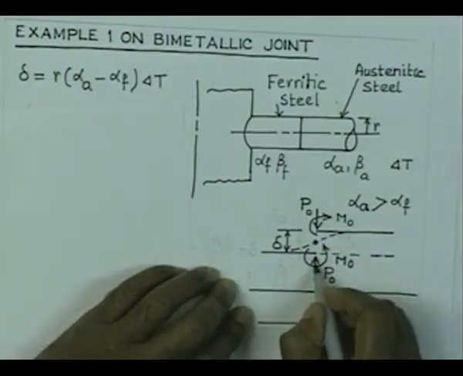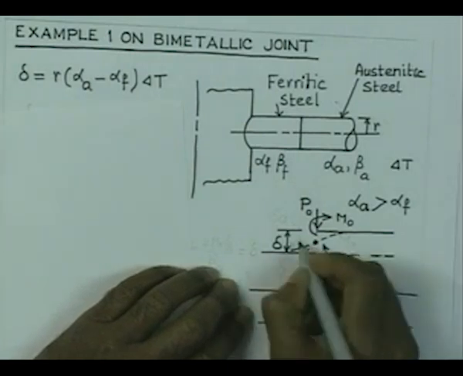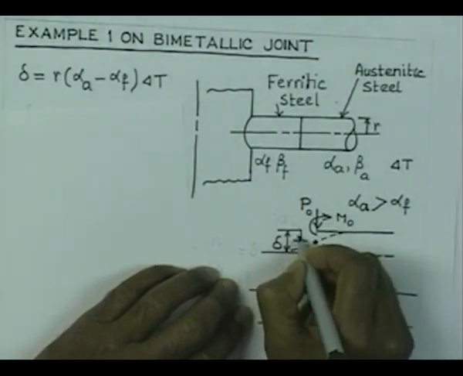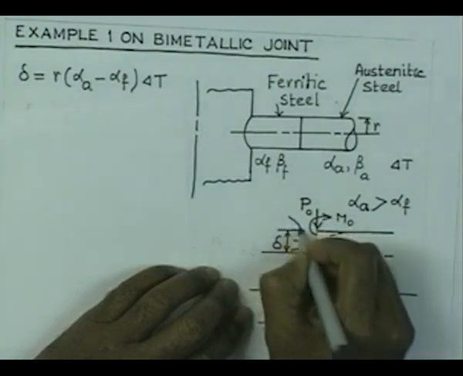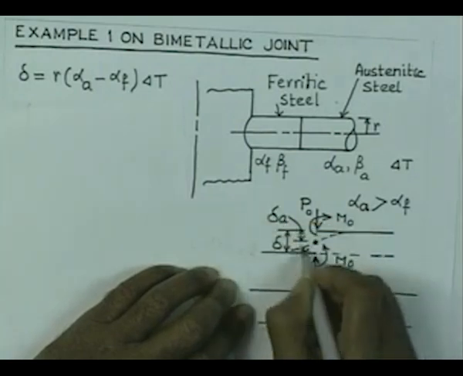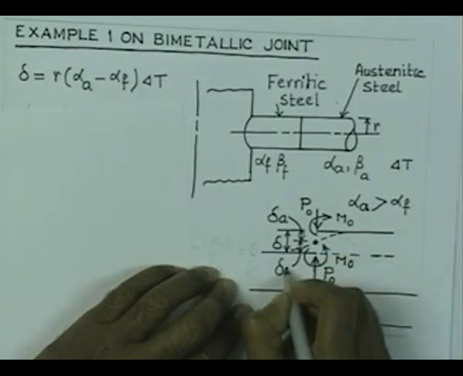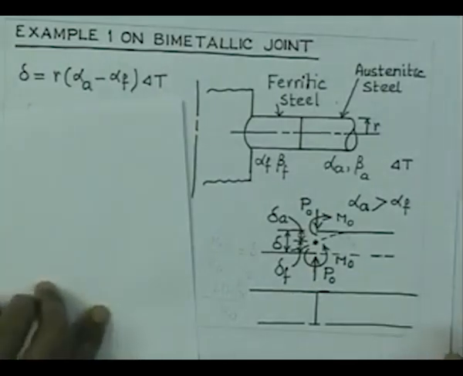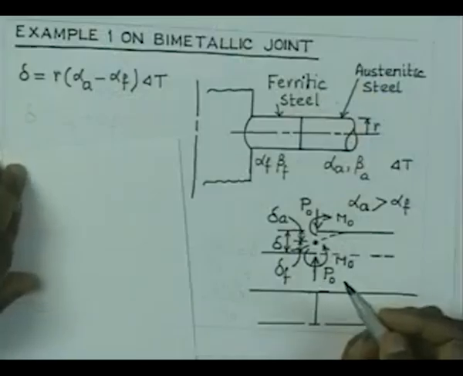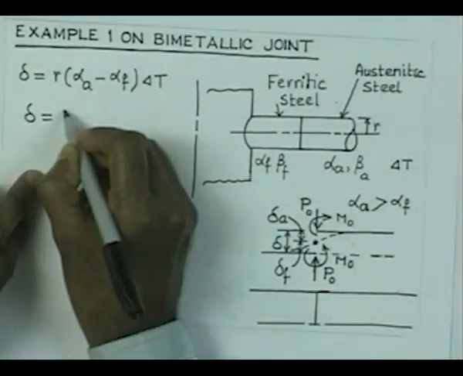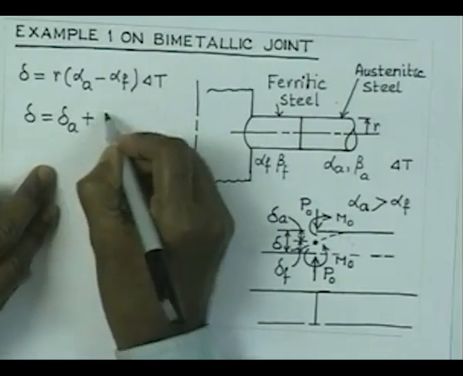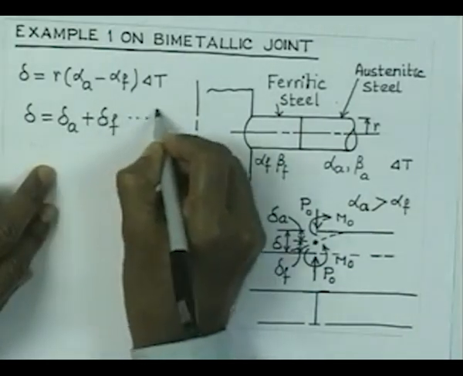Under the action of these two forces this point is going to move there, and therefore we can write that the deformation of the austenitic part under the action of P0 and M0 is delta A, and the deformation of the ferritic part of the pipe is delta F. Now we can write the compatibility condition: this differential has been bridged by the deformation delta A and delta F. So the compatibility condition is delta equals delta A plus delta F.